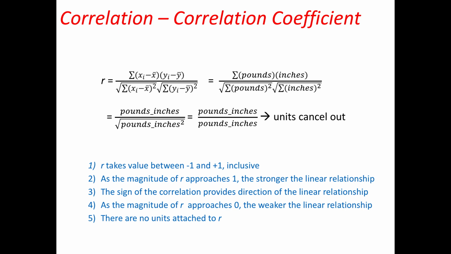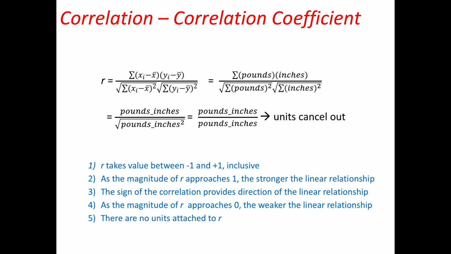Also notice that the correlation value would be the same regardless of which variable we defined as x and y. The remarks or reminders listed here in blue at the bottom of the slide tell us that r takes the value between -1 and 1 inclusively. As the magnitude of r approaches 1, the stronger the linear relationship is.